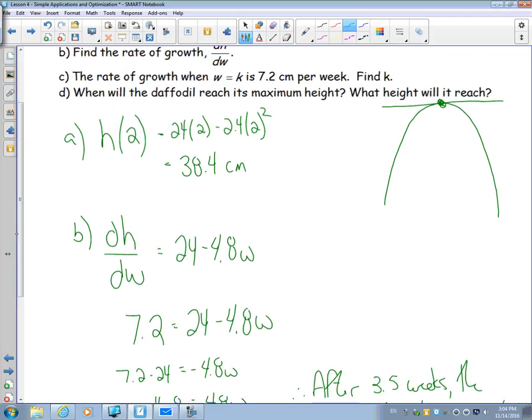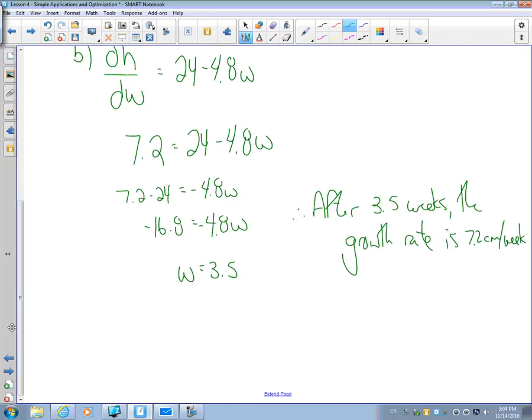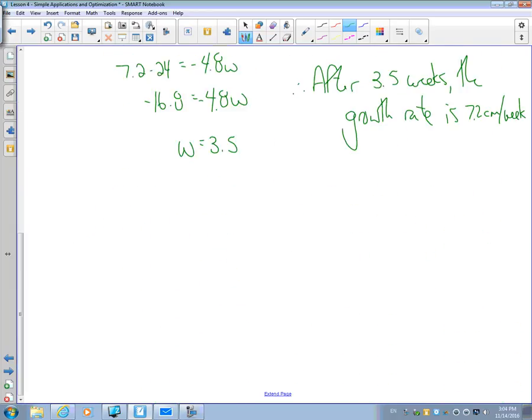So for part D, as soon as I see the word maximum, I'm thinking about, oh, turning point, highest or lowest. Okay, so if we take our derivative, which we already calculated previously, dH/dW, we make it equal 0, we can figure out where our max and mins happen.